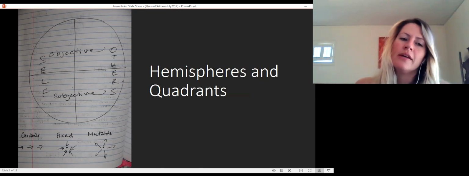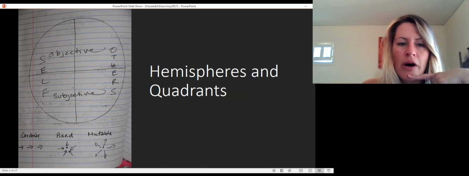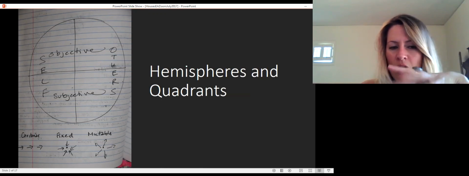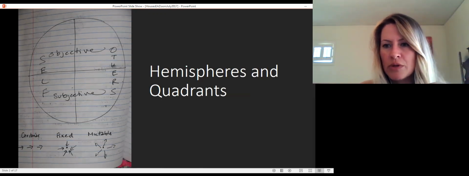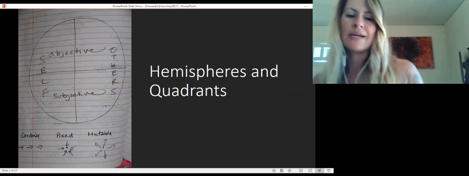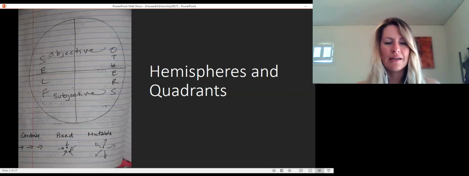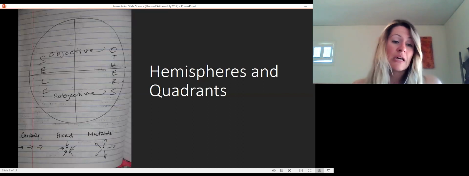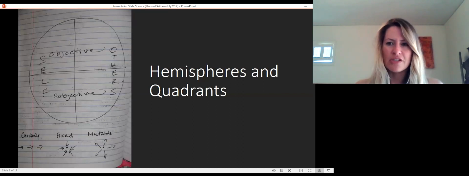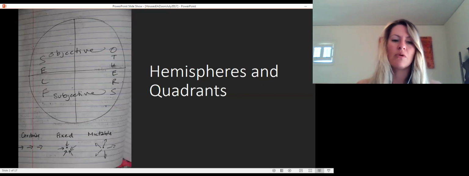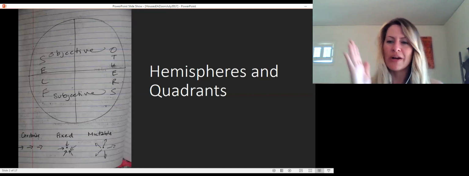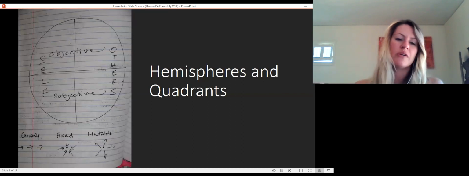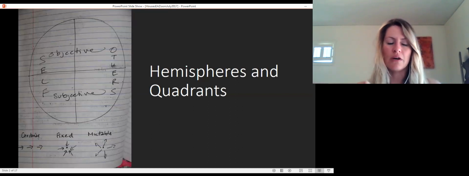And at the bottom of this little picture, I have just drawn some little pictures of cardinal, fixed, and mutable, and that's what I'm going to talk about next, but the picture won't be on the next slide. But I wanted you to see, if you haven't already looked at it this way, the flow of energy with these modalities. So cardinal is an arrow shooting straight forward. It's basically unrestrained energy going in a forward initiative direction.